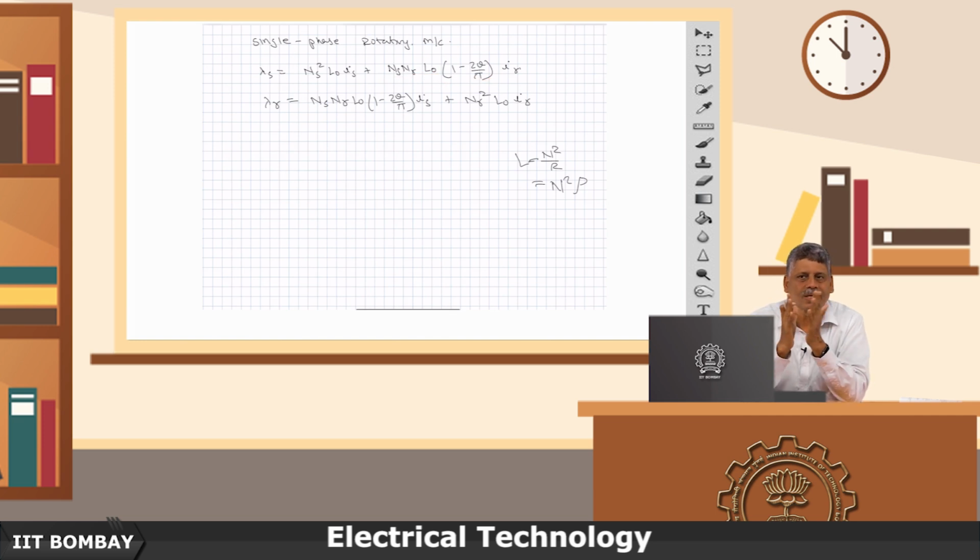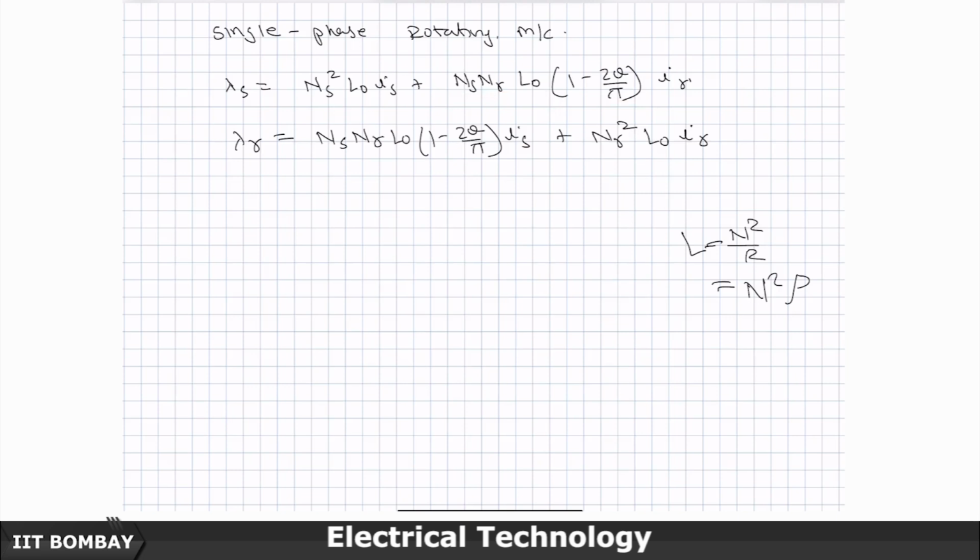The 1 minus 2 theta by pi is basically because it is geometry dependent. When it is aligned, theta is 0, then it is exactly Ns Nr L naught. When theta becomes pi, it exactly reverses.